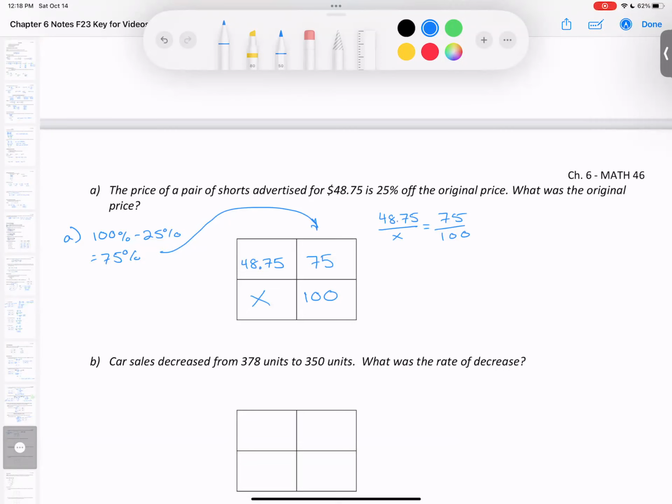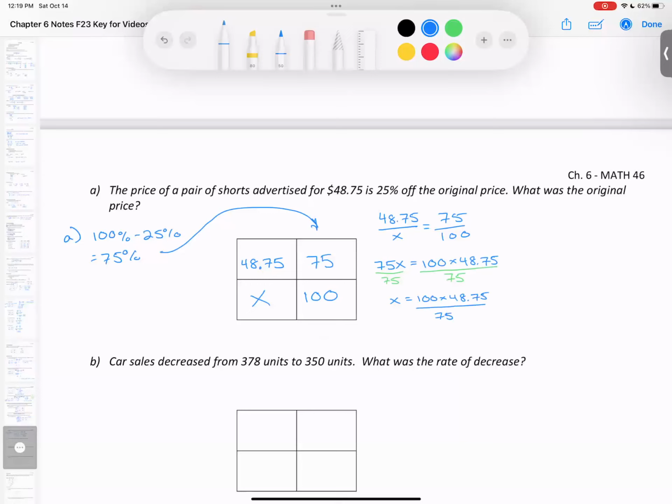If we do the cross product, we'll have 75X equals 100 times 48.75. Now I want to isolate my X, so I'm going to divide everything by 75. And so I get X equals 100 times 48.75 over 75.